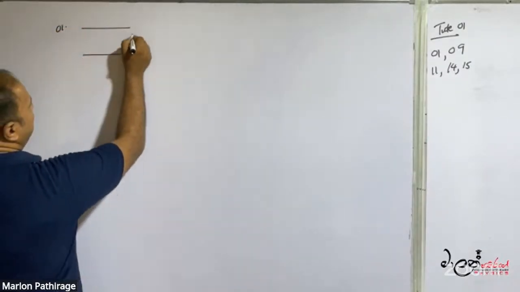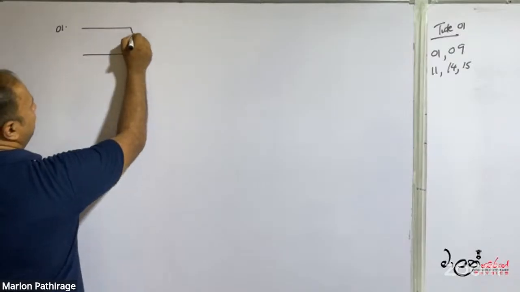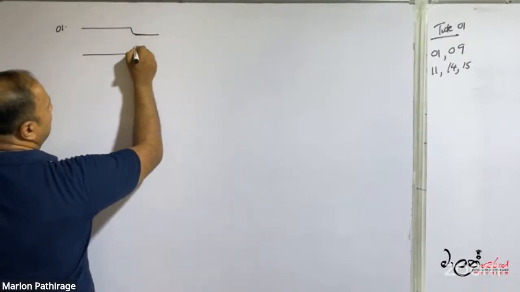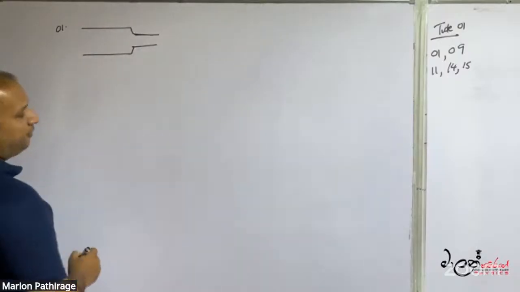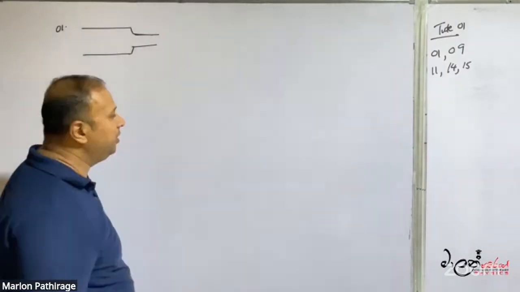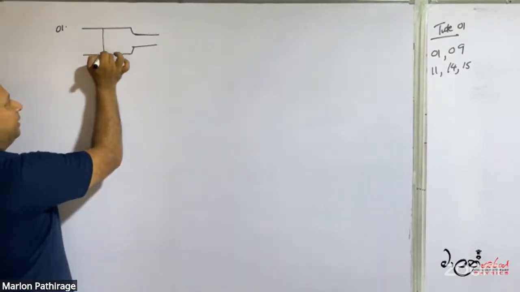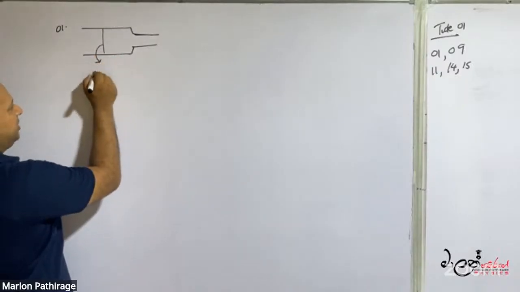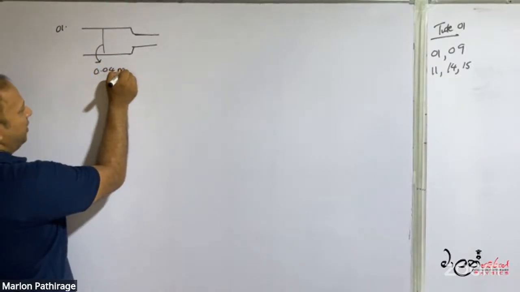Now there's a pipe and it is narrowed down by 4 times. The initial cross section is 0.04 square meter.